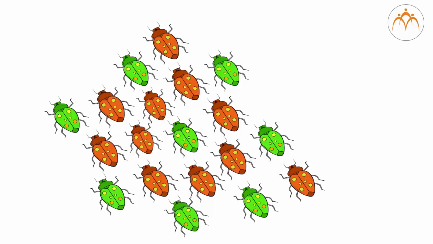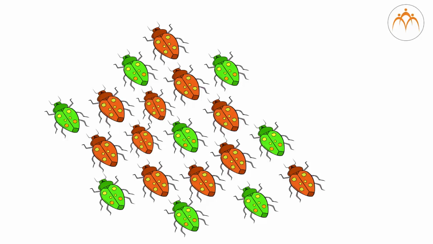There are many ways by which such a change can happen. Natural selection is a very important way to bring change in organisms and populations over many generations. So let's understand what natural selection is and let's focus on that. Living organisms show tremendous variation in characteristics.